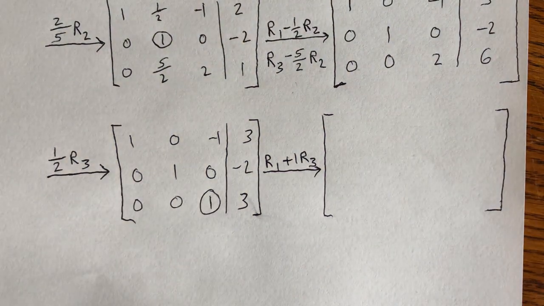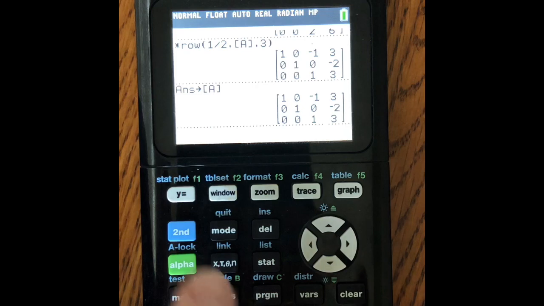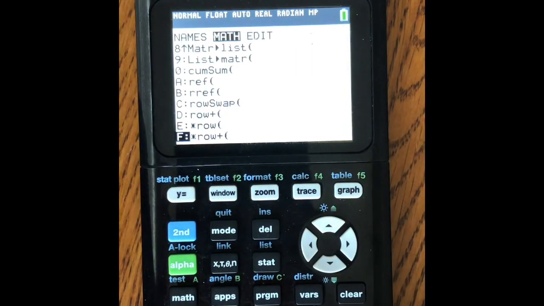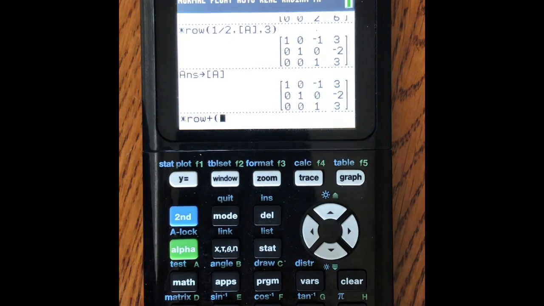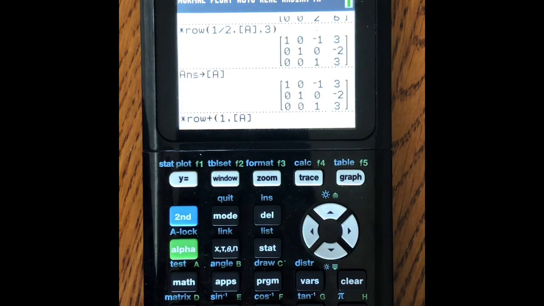I will now use my calculator to do our final row operation. Let's do it. Second matrix, math, times row plus. The multiplier here is 1. And we're multiplying this 1 through what?